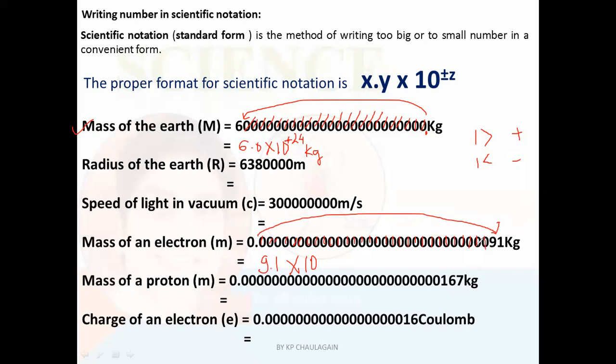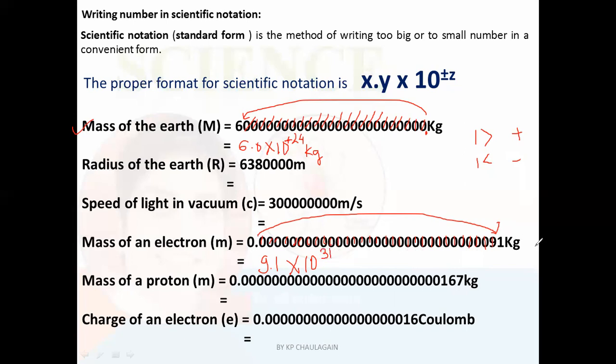There are 30 zeros, but we are not counting only zeros. We are counting the digits, how many digits the decimal point has been shifted. There are 30 zeros, but this digit also we have to count, because it is also a digit. Therefore, there should be 31. We have shifted 31 digits.